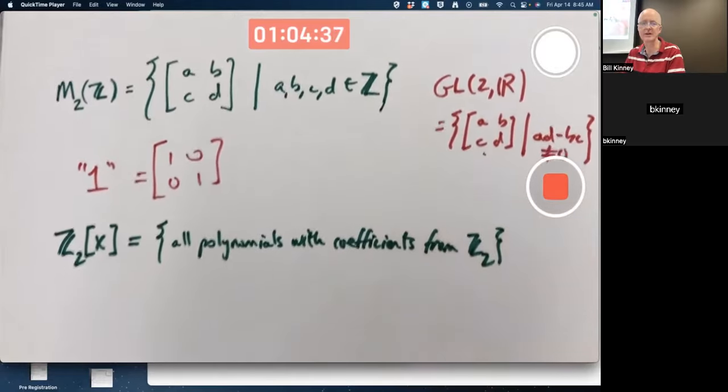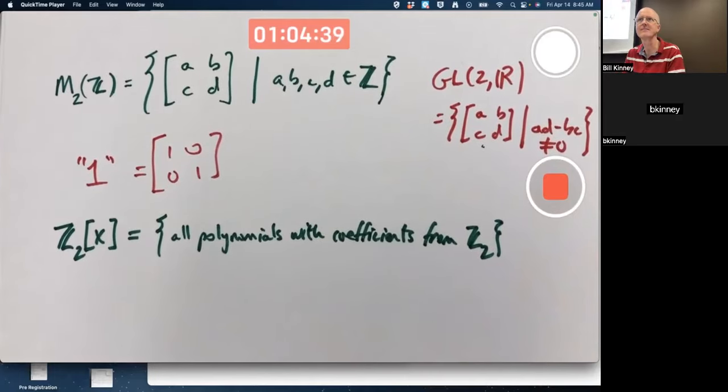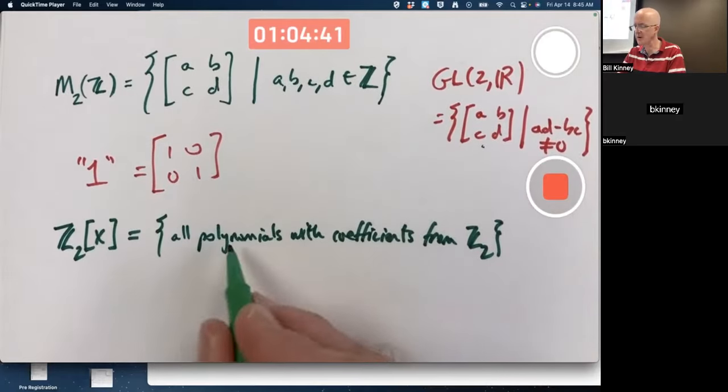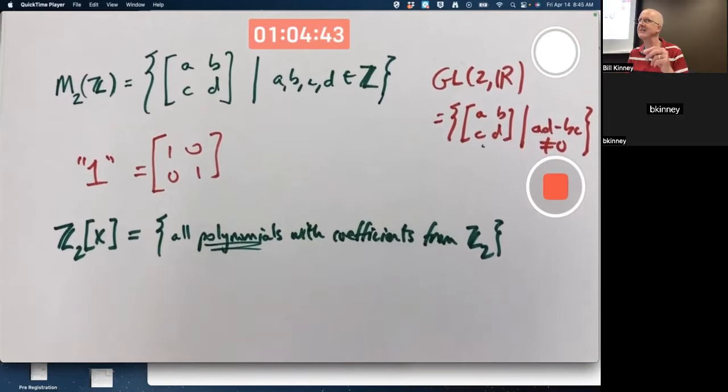In other words, all the coefficients are either 0 or 1s. Do know we're also saying these are polynomials, so they're not infinite series. So this means that at most finitely many coefficients can be non-zero, 1.